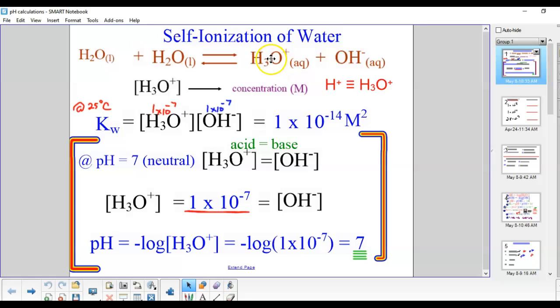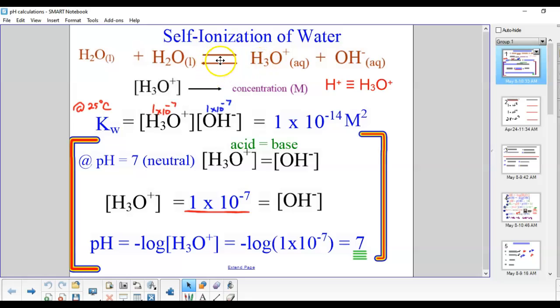Now, because one of them is acting as a proton donor and one of them is acting as a proton acceptor, what we have is the Bronsted-Lowry definition of acids and bases. Notice how the water turns into two different ions. We still have an overall neutral charge, just like we started, and we have a double arrow.